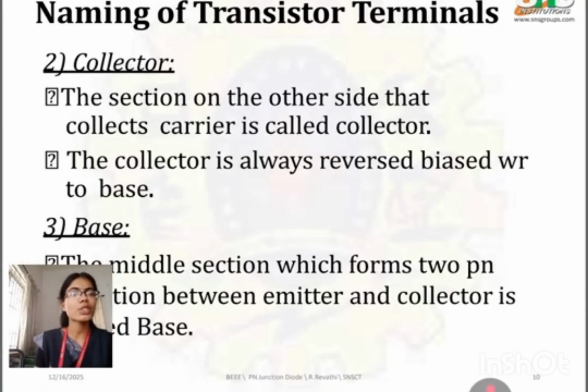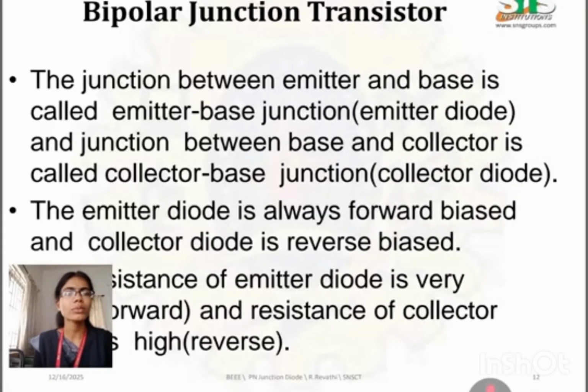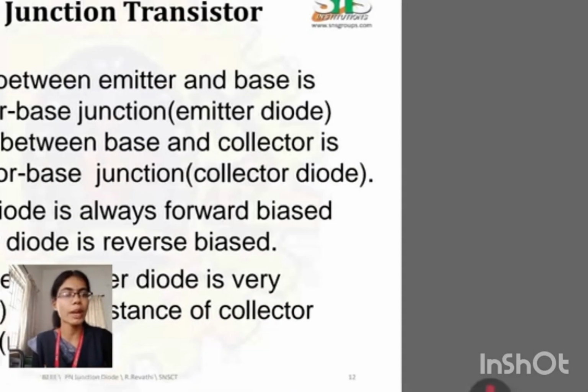The middle section, which forms two PN junctions between emitter and collector, is known as the base. The base is much thinner than the other regions. The emitter is highly doped, the base is lightly doped, and the collector is moderately doped. The junction between collector and base is known as the collector diode, which has high resistance in reverse bias. The emitter diode has very low resistance in forward biasing condition.